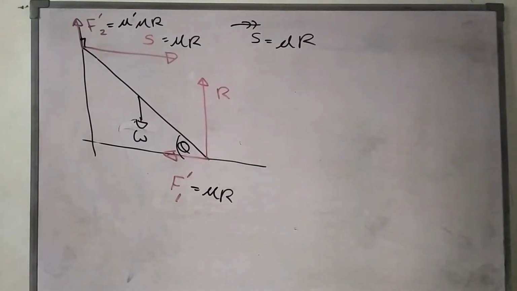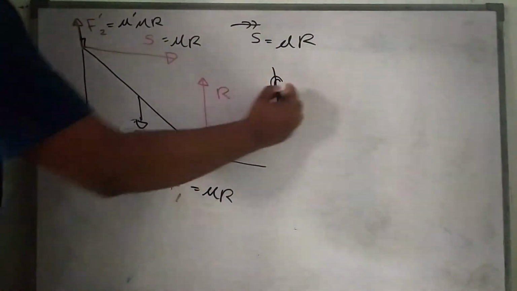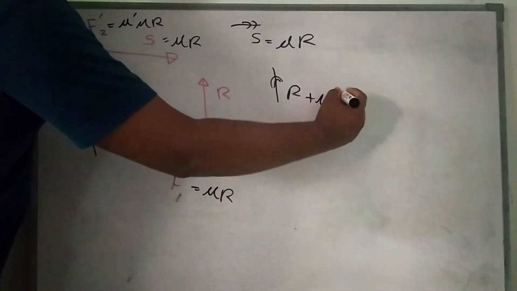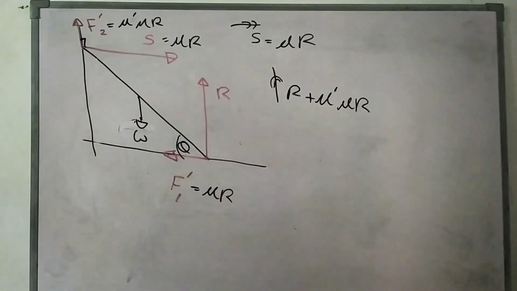Then I'm going to take the vertical force as well. Then it will be R plus mu dash R equal to W.